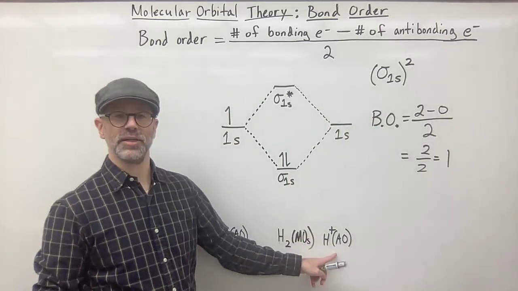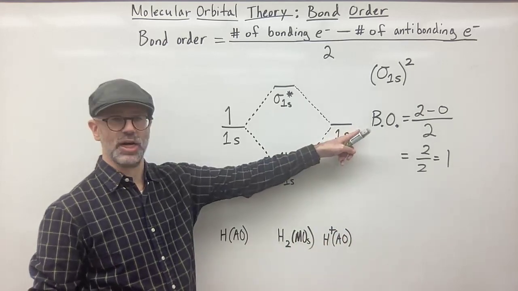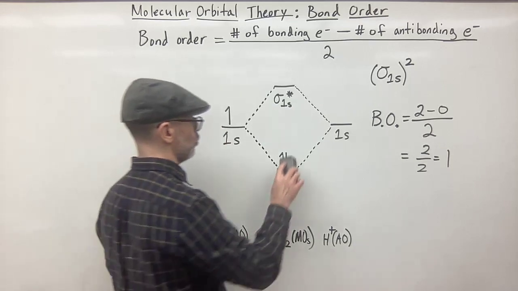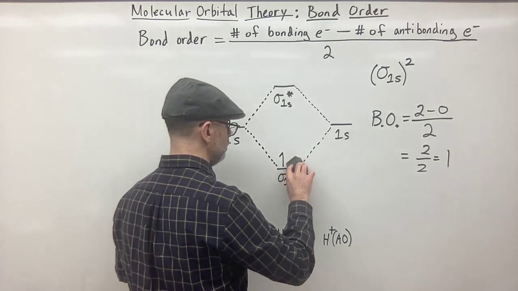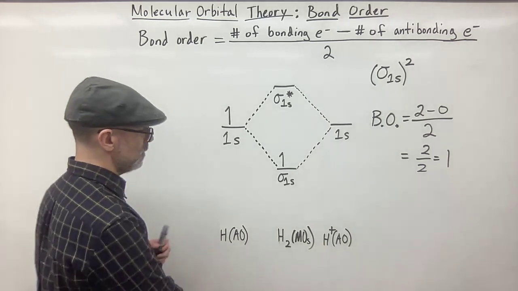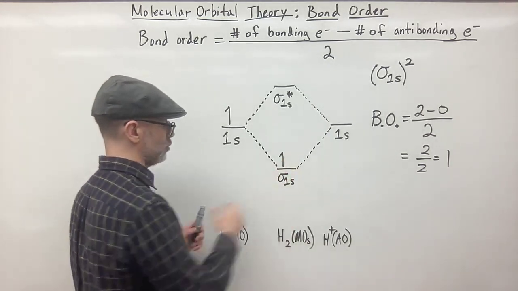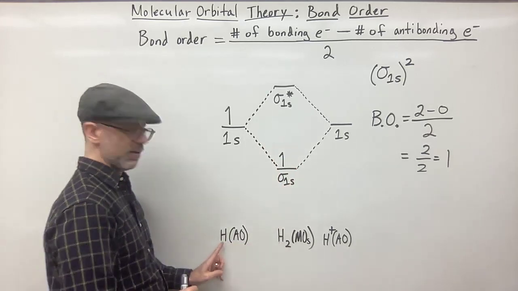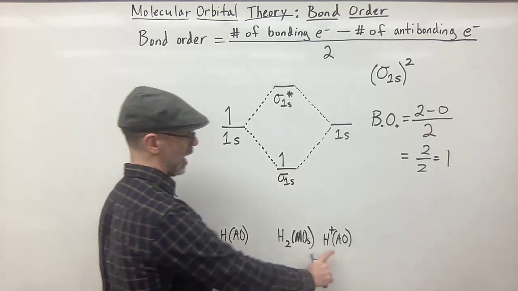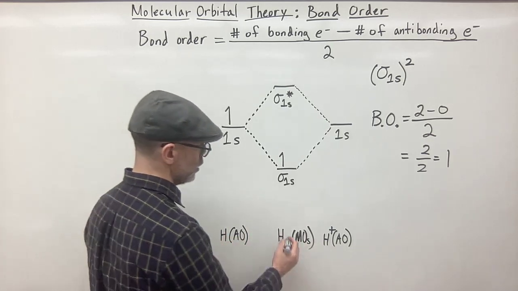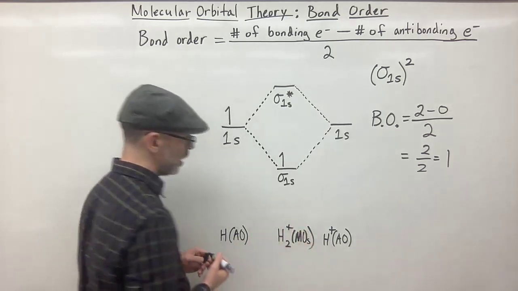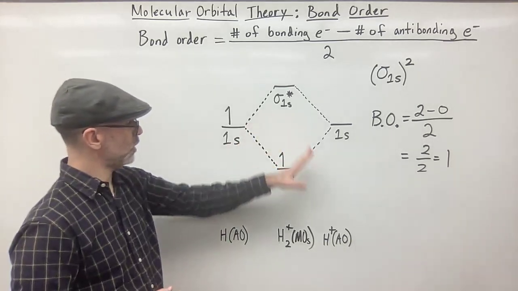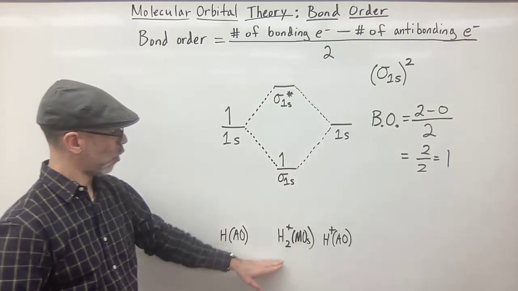So this H plus ion doesn't have any electrons because we took it away. This hydrogen has one electron. So this molecular orbital only has one electron in it. And so if you have an atom of hydrogen plus an ion of hydrogen, those are going to come together to form H2 plus with a charge on it. So this is what the orbital diagram would look like for H2 plus.